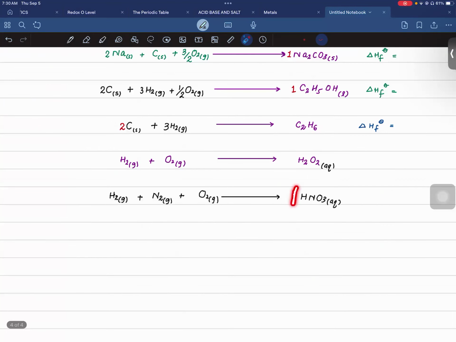This should be 1. So you need to make it 1, and then you are supposed to balance your left hand side. You have to change the numbers over here. This is the only thing that you can do.